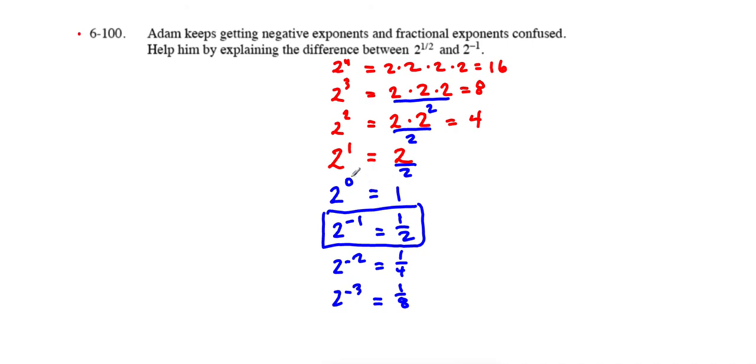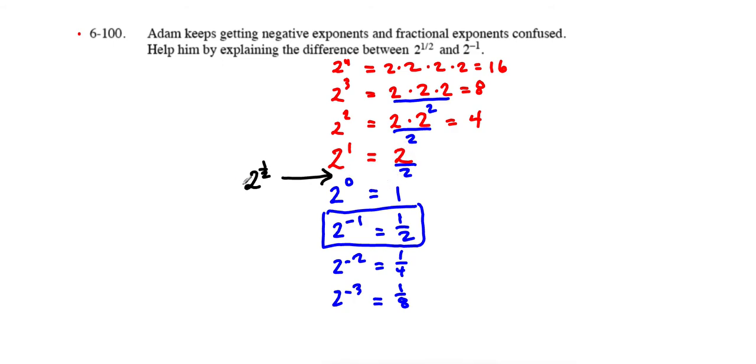Now 2 to the 1/2 power, if we look up here, is going to fall right in between 2 to the first and 2 to the power of 0. So this value has got to be between 1 and 2.